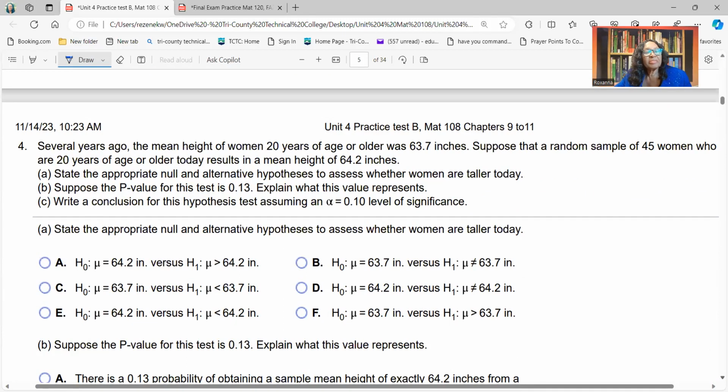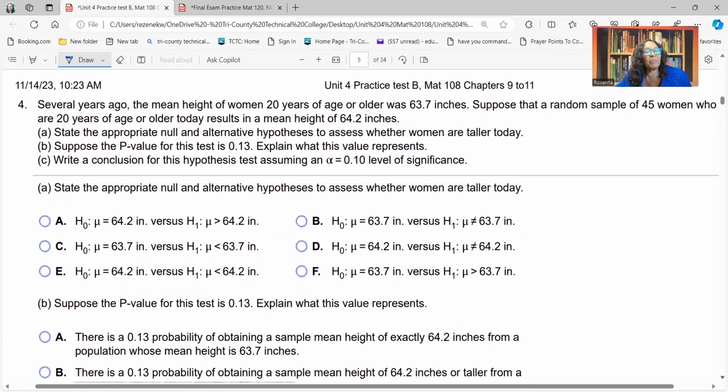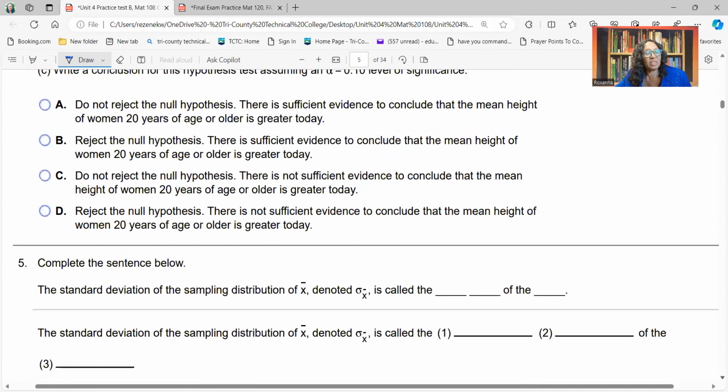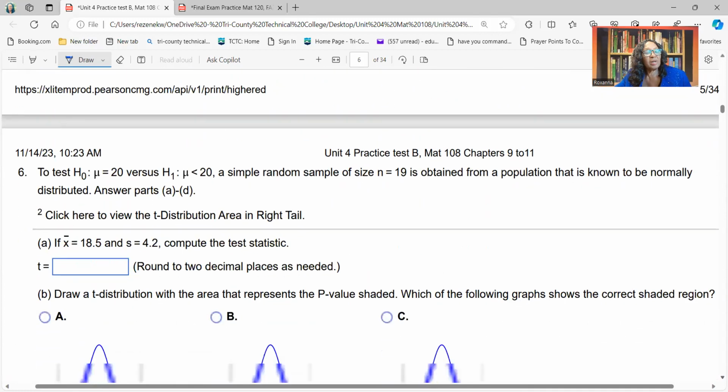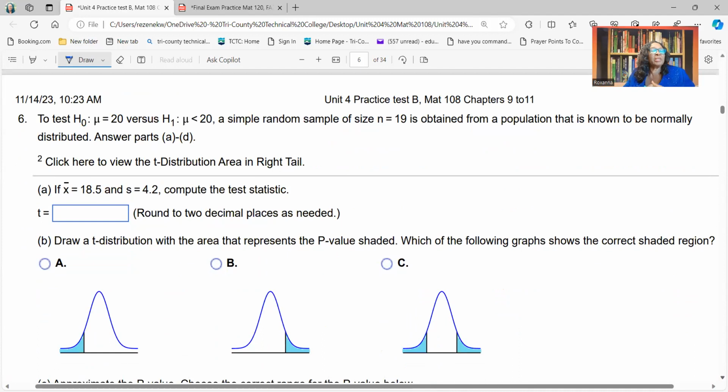Okay. No, an alternative hypothesis. Suppose p-value of this is this, explain what is your conclusion. We can actually do this, but I need a two-tailed hypothesis testing. Let's see if we can get a two-tailed hypothesis testing. Well, this is one tail. Well, we can do it.